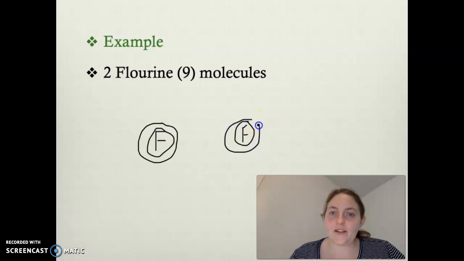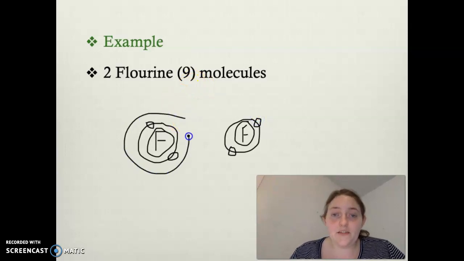So let's go ahead and draw their first shells, because we know their first shells are going to be full, because they at least have 2 electrons, because they have 9 protons in each. Okay. Now, let's draw their second shell.